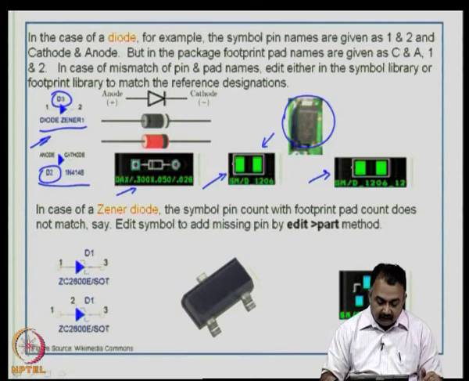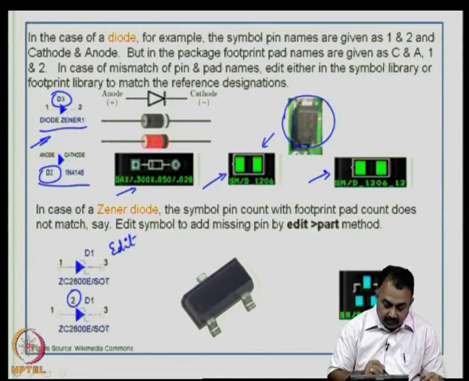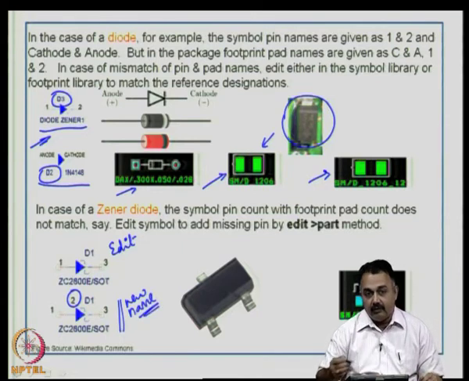In the case of a Zener diode, let us say the symbol pin count with footprint pad count does not match. In that case, you edit, for example, if pin number 2 is missing, then you can edit this symbol and create an additional pin and name it in a different library that you can keep with yourself and utilize whenever you want.